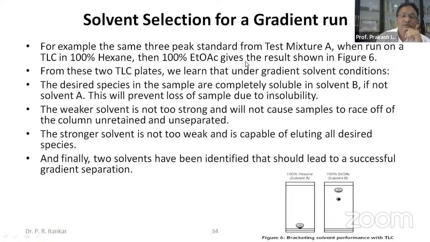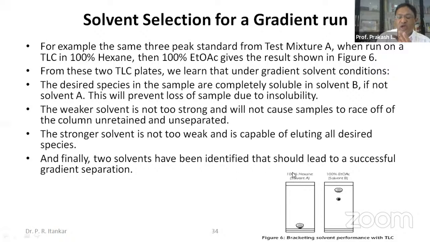We have seen that 50% ethyl acetate and 50% hexane yielded separation of the last constituent as well. So can I have a system wherein I start with 0% ethyl acetate and then increase it up to 100% ethyl acetate? And this should happen by the automatic gradient increment system in the machine. So that is possible, and this is how the desired separation can be achieved.